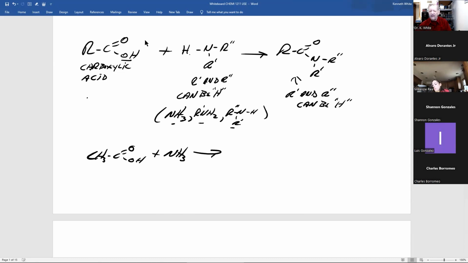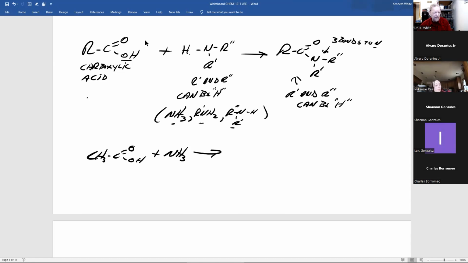In an amide, this nitrogen has 3 bonds to nitrogen. Only in a quaternary ammonium salt and an amine salt do you have 4 bonds to nitrogen. All right, let's take a look at this.